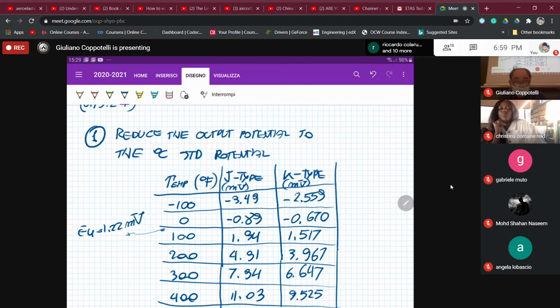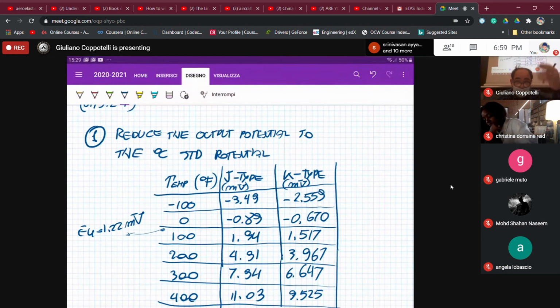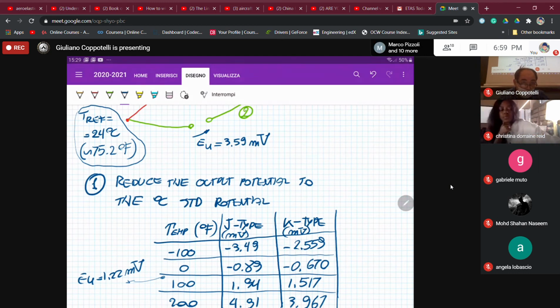This information could be obtained by using the table. I don't have all the entries, but believe me that it is the output. So when referring to the same thermocouple in which the cold junction is at 0 degrees and the hot junction is at 24 degrees, the output tension is 1.22. That is the standard potential of that thermocouple.